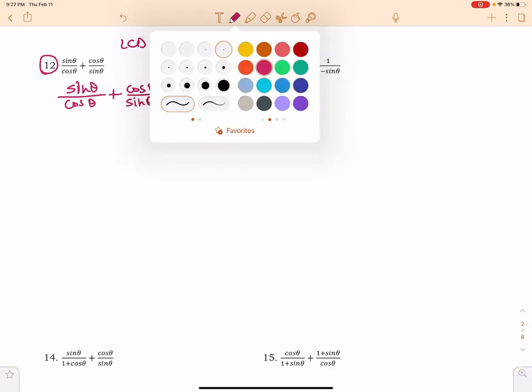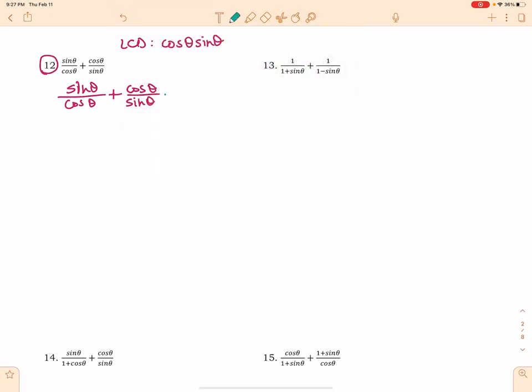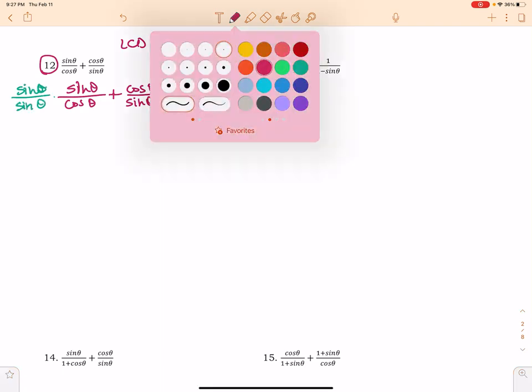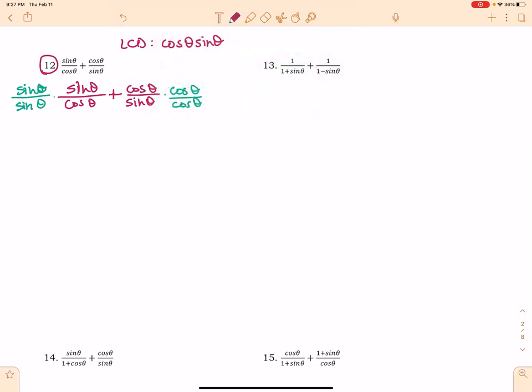And I'm going to multiply each side by what's missing in the denominator. Okay, so here I end up with sine squared theta plus cosine squared theta all over my LCD.